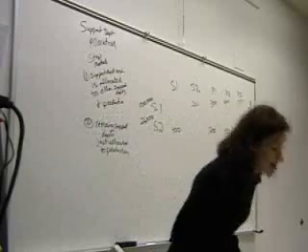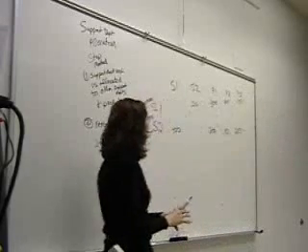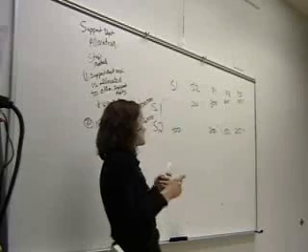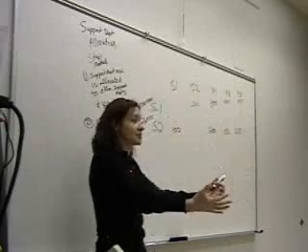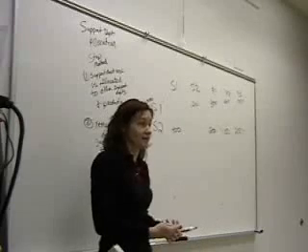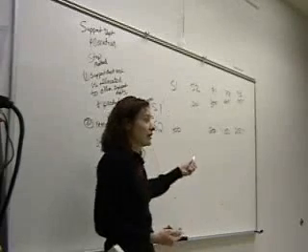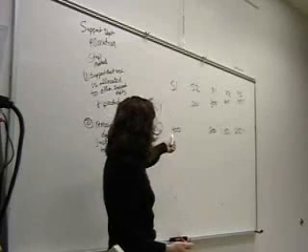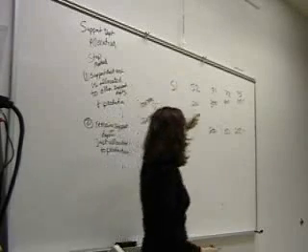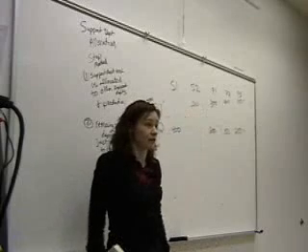Typically, it's going to be the support department that provides the most services to the other support departments. In this case, we only have two. So janitorial provides more support to HR than HR provides to janitorial.